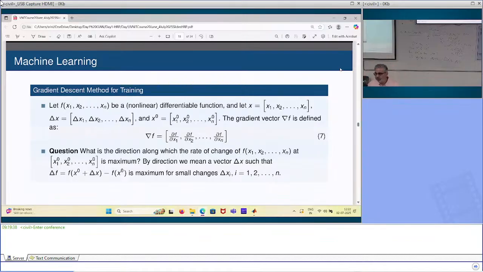Is the problem clear? I want to change the value of x so that the next value is less than the value I already have.